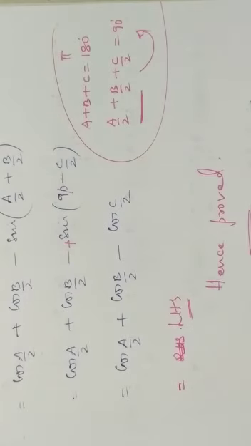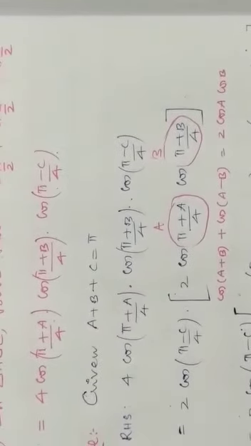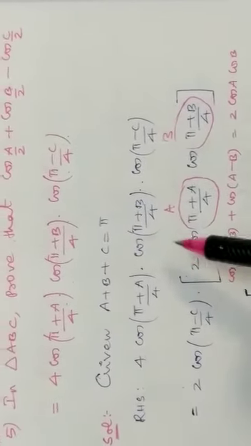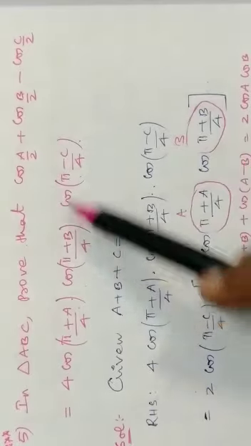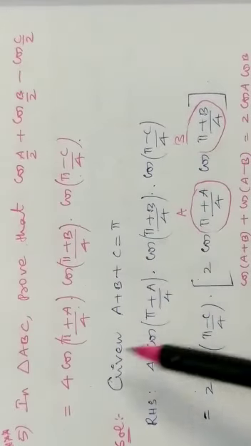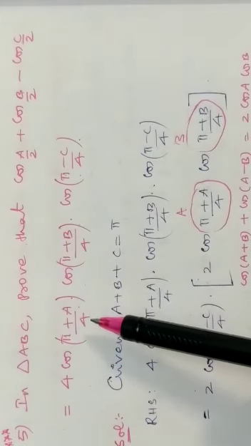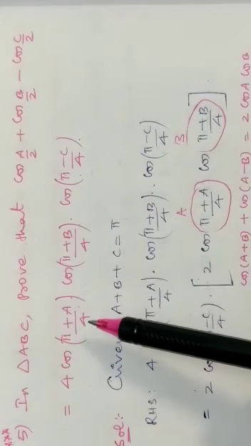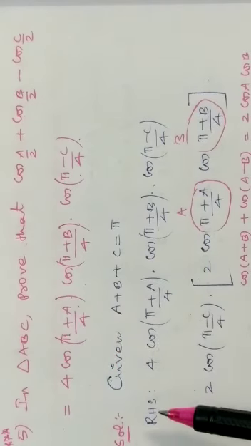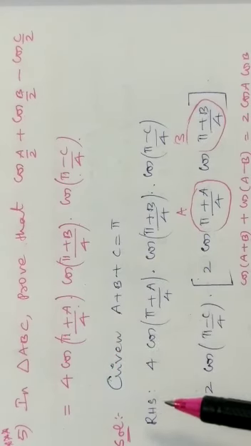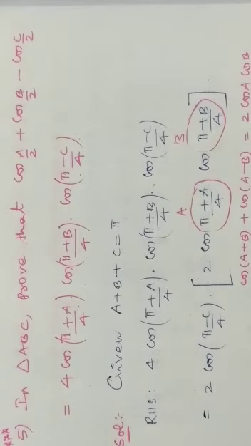In the problems, if you come across pi in either of the sides, mostly we see pi in RHS side. If you come across pi, then it's better to start with RHS and end with LHS. Hence, our problem is over.